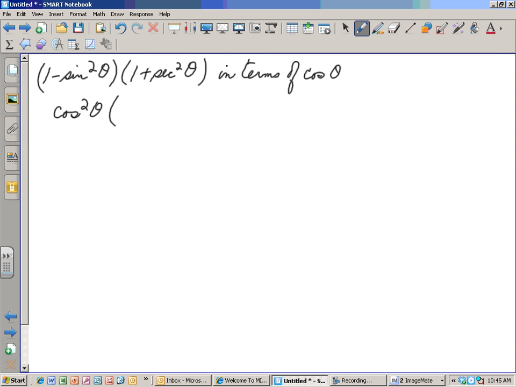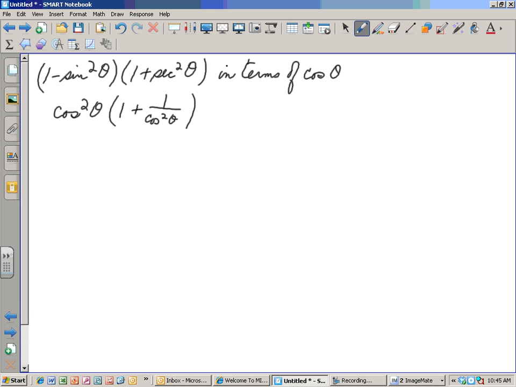On all these identities, I've given you a strategy on where to start. Anybody remember what I said on where to start on these? Yeah, put everything in terms of sines and cosines. Then the rest just becomes easy. The rest is all your arithmetic skills, all your algebra skills. So I'm going to turn secant squared into 1 over cosine squared, because that's what secant is, 1 over cosine.